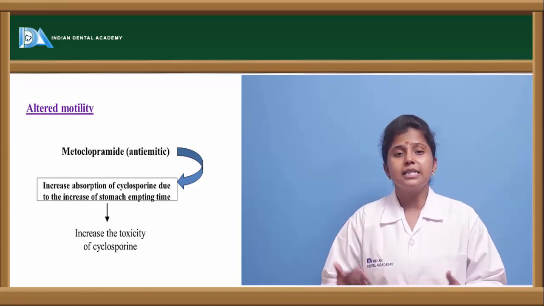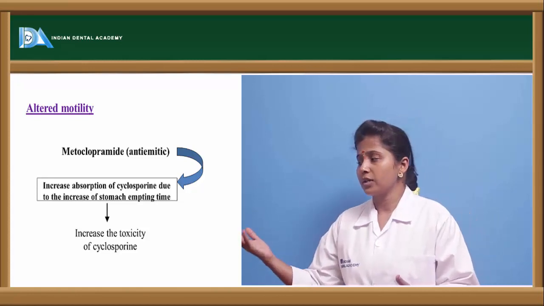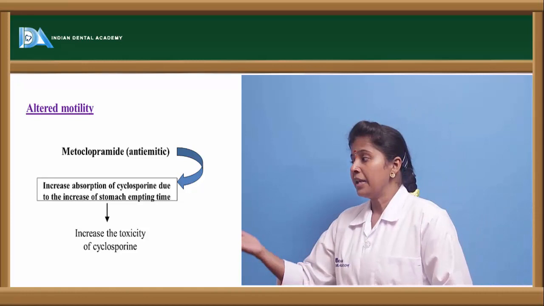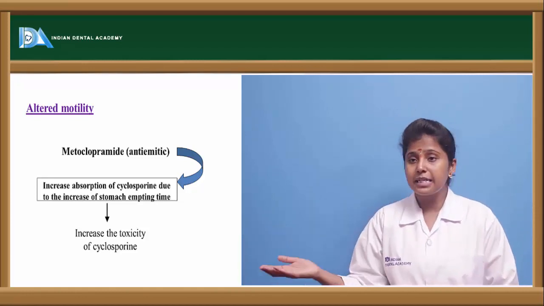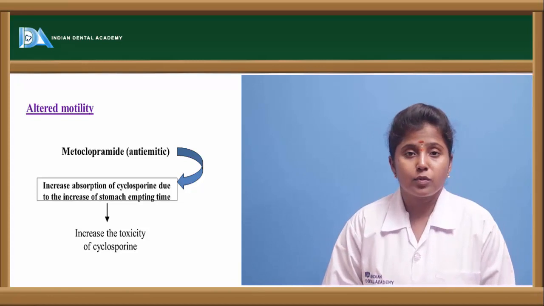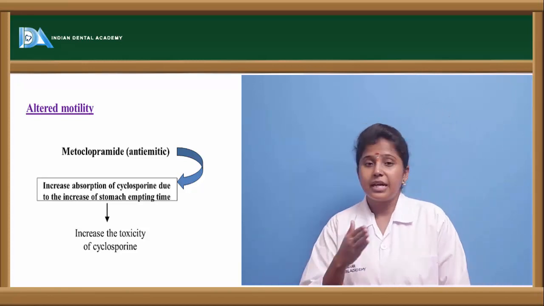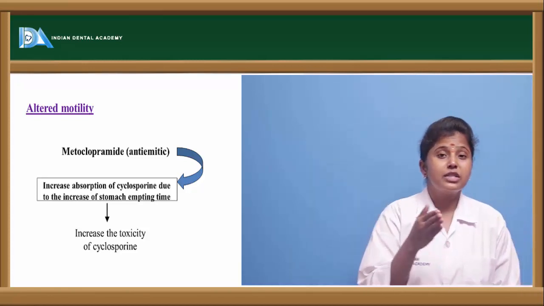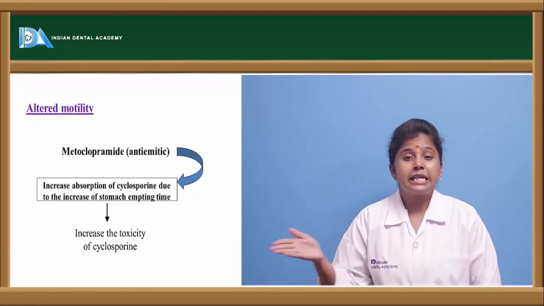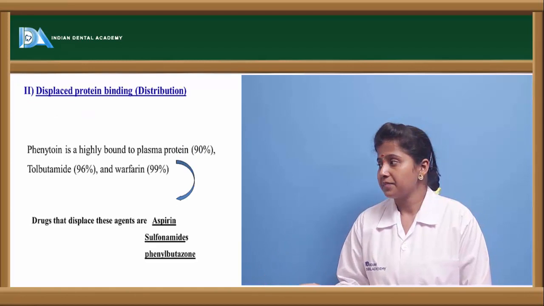Because of that, cyclosporin will get absorbed very easily, and if its absorption increases, it will lead to toxicity of the cyclosporin. This interaction is happening because of altered GI motility.